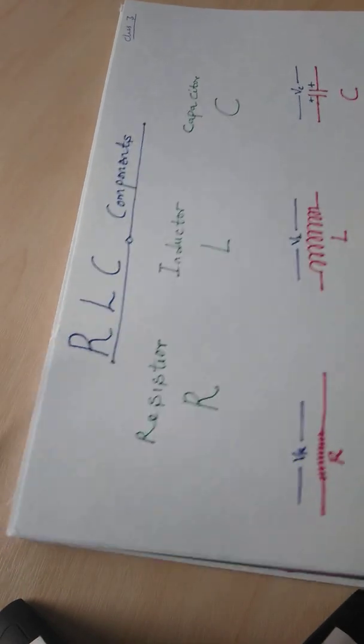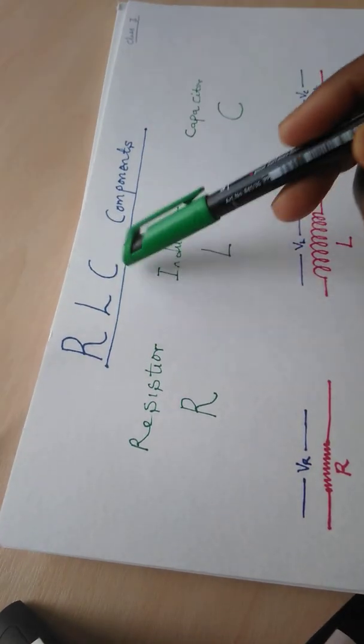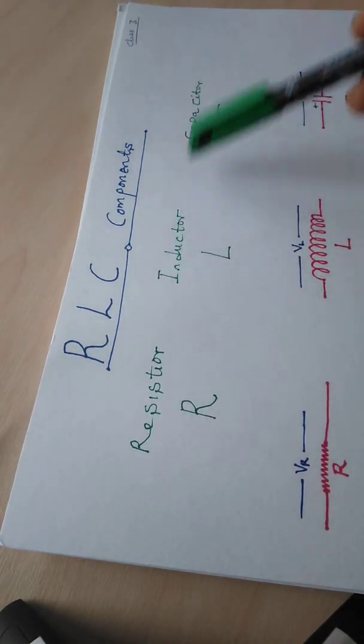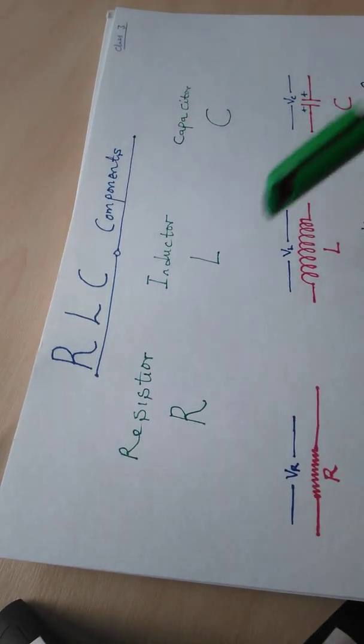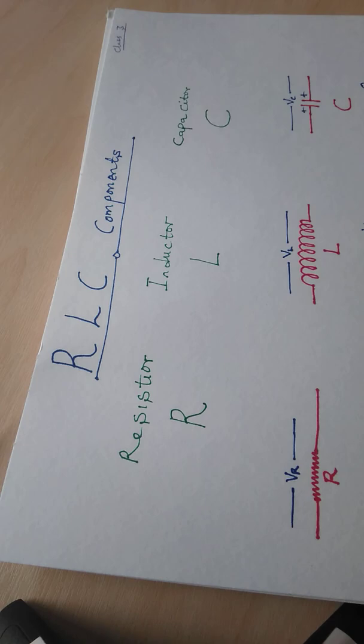And if you remember in our previous class, we looked at RLC components, and we said that these three fundamental components, that is the resistor, inductor, and capacitor, are the basic building blocks for every other electronic component.